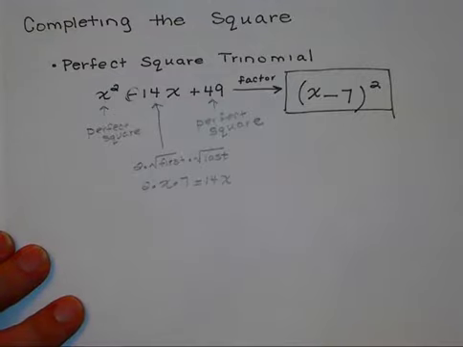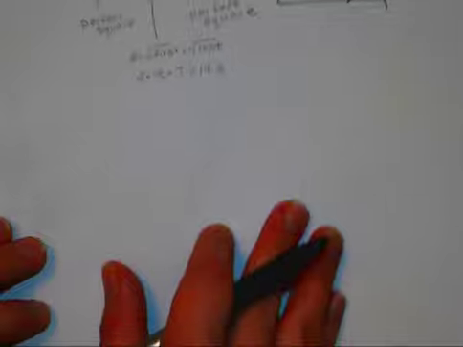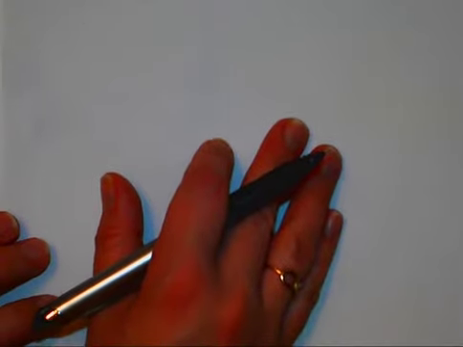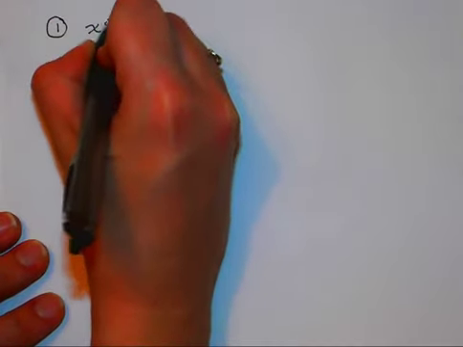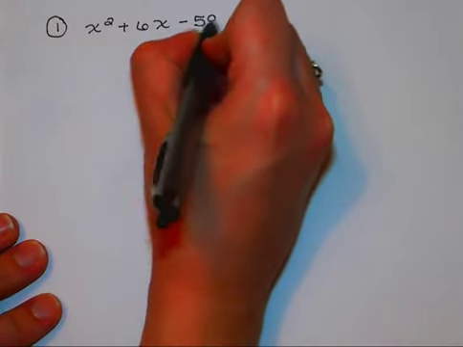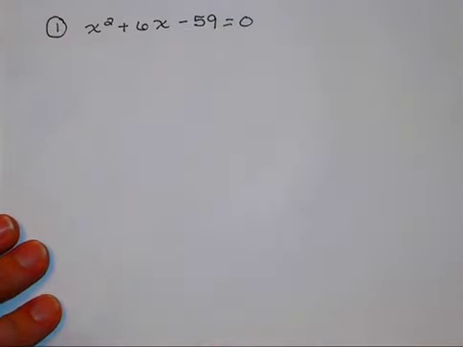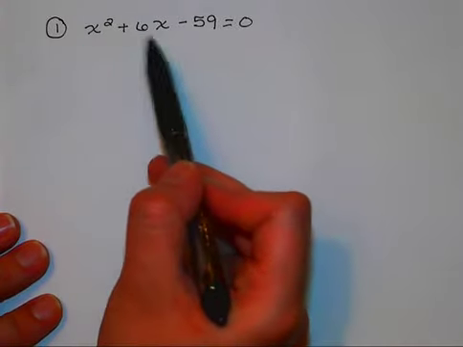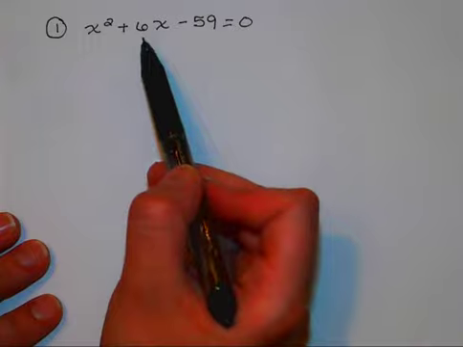So let's actually look at a few examples of completing the square, turning a quadratic into a perfect square trinomial. So if we take a look at the first equation, x squared plus 6x minus 59 equals 0. In order to complete the square, you should have at least 2 terms, x squared and x.